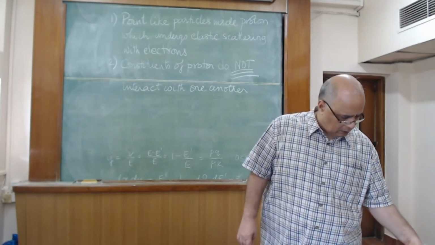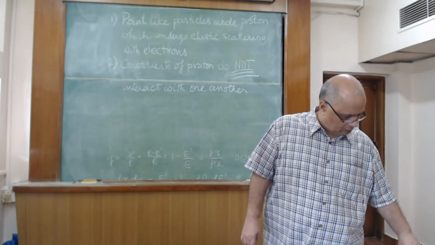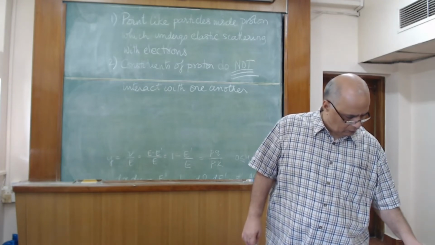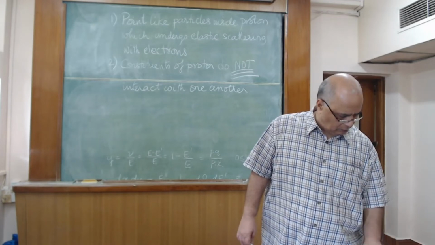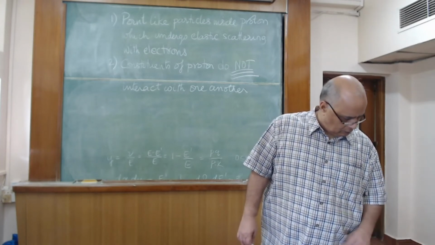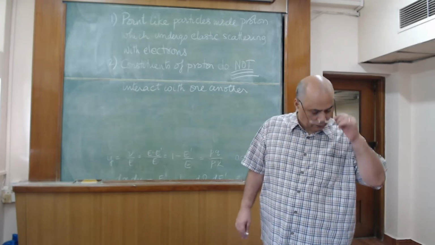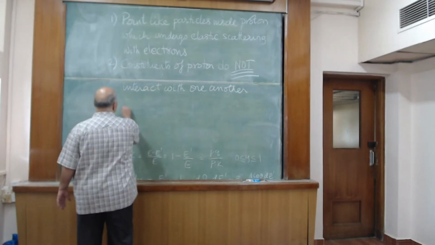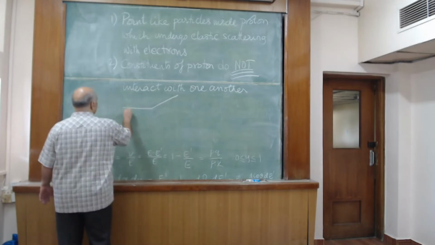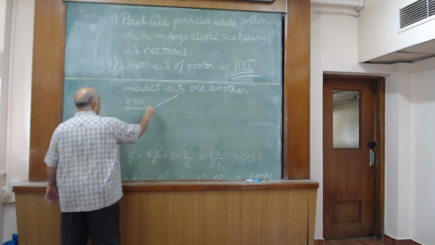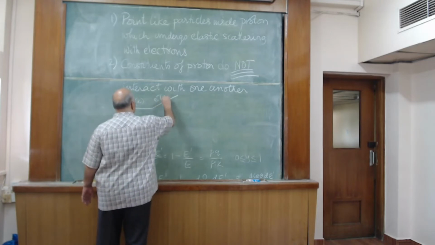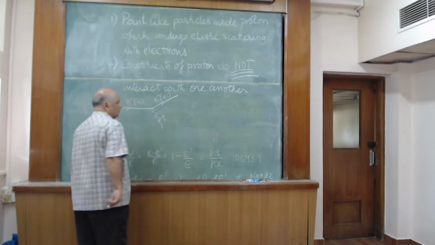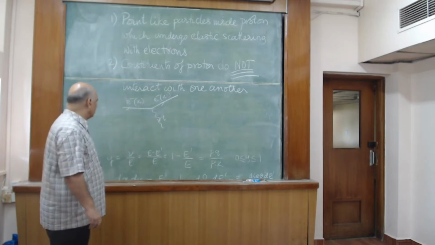For that, let us draw the same picture as before. You have electron of energy k and electron of energy k prime, and there is an off-shell photon of energy q.